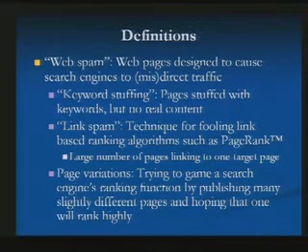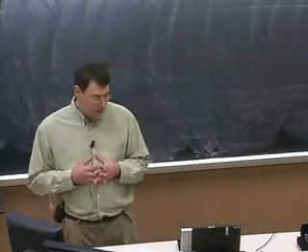So here are some definitions that I'll use in the remainder of the talk. Web spam is web pages that are designed to cause search engines to misdirect traffic from search results to the target site. There are a few different types of web spam. There's keyword stuffing, where, as we've seen, you have just a set of random keywords but no actual content in a page.